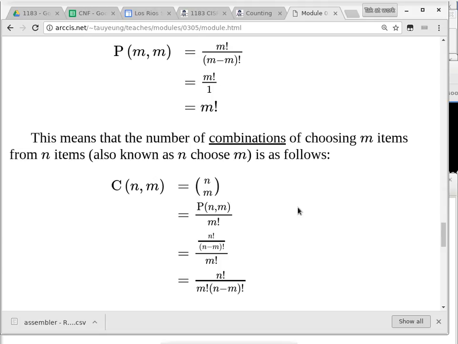It really is just asking how many ways can I choose m things out of n, and I just need to know what is in the final set. I don't really need to know whether I chose it first, second, third, or whatnot. So that becomes P of n, m, the number of permutations of choosing m out of n, but then you have to divide it by m factorial, because there are m factorial ways to rearrange things.